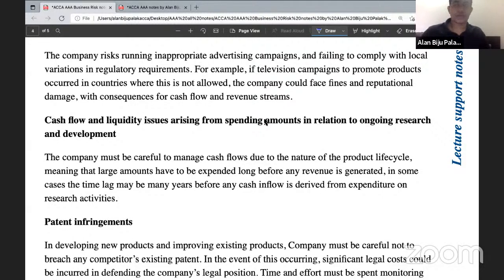Say, for example, if a company has spent more than 10 million this year, this amount will materialize only after 4 or 5 years once the product is launched in the market. So the company is spending a huge amount at this point, and that may cause cash flow difficulties, and the company may struggle to meet its other working capital requirements if it spends the whole amount of cash flows on this research and development.